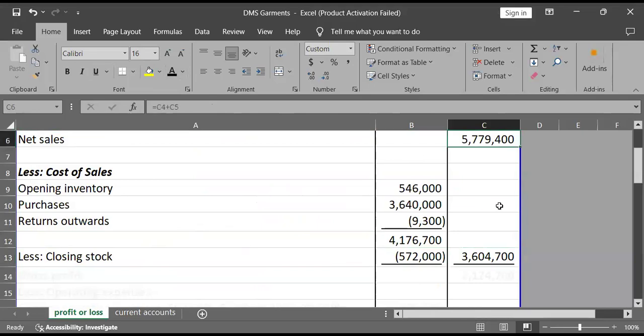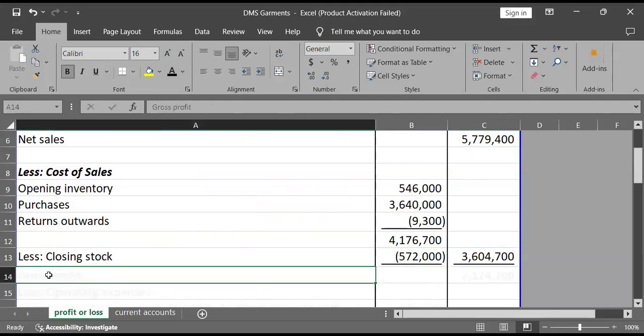When I get my net sales minus my cost of sales, I should be able to get a gross profit or a gross loss. So can someone help us subtract the 5.7, the net sales, minus the cost of sales, and tell us whether we will make a gross profit or a gross loss.